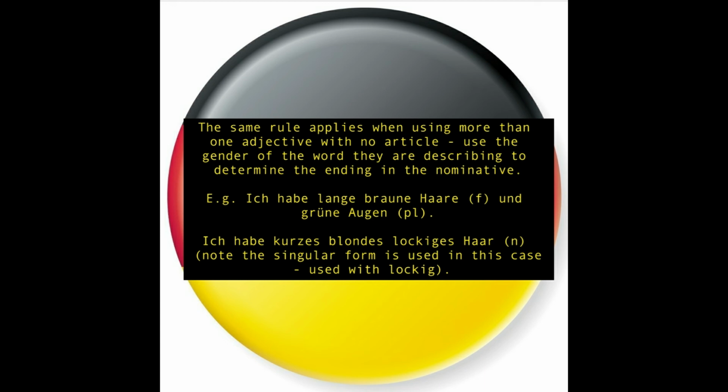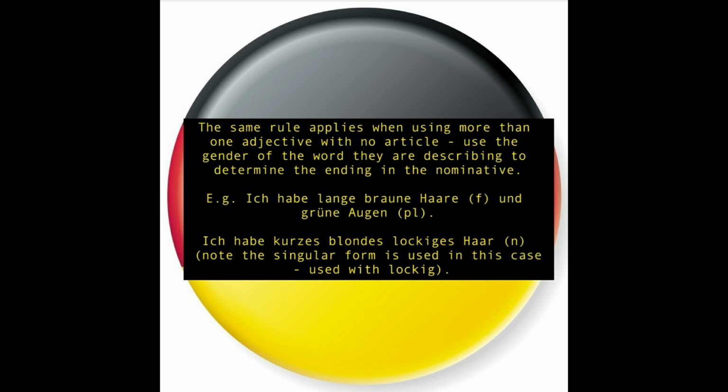Haare is feminine, so lange and braune have feminine endings. And the rest of that sentence is und grüne Augen, which is plural, and because there's no article, it also has an E ending. So the whole sentence: Ich habe lange braune Haare und grüne Augen.